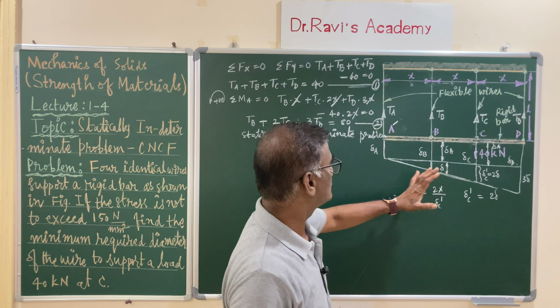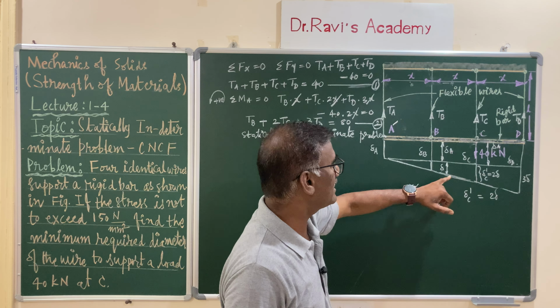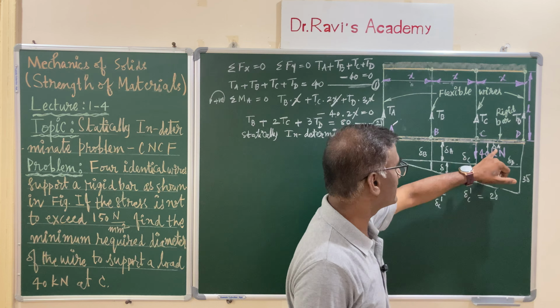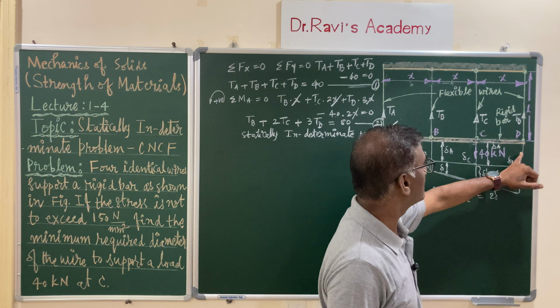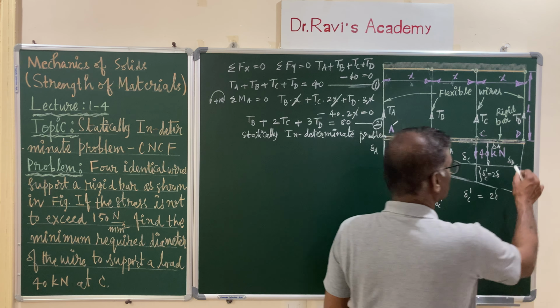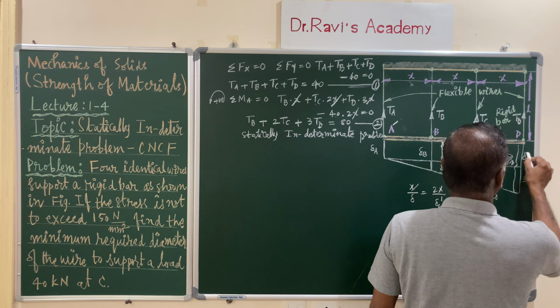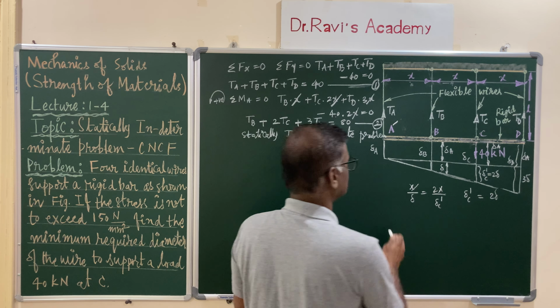Observe carefully, you have represented delta B in terms of delta A and delta. Delta C you have represented in terms of delta A and delta. Finally, delta D is also represented as delta A plus 3 delta. Now you can write down these equations.